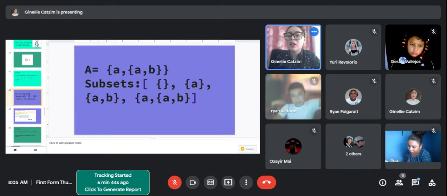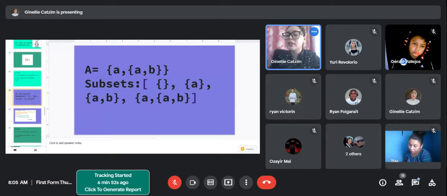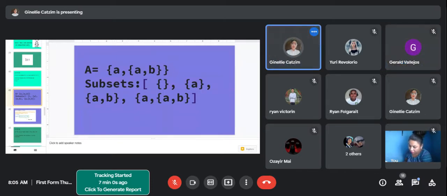Now, the whole collection of subsets, which I have in a square bracket, is called the power set, right? Let's say we have here the subsets and we have the null set.